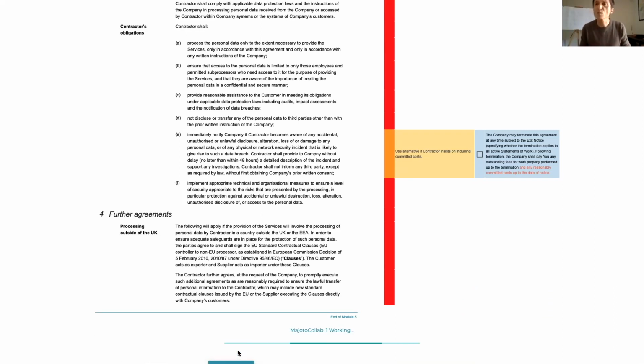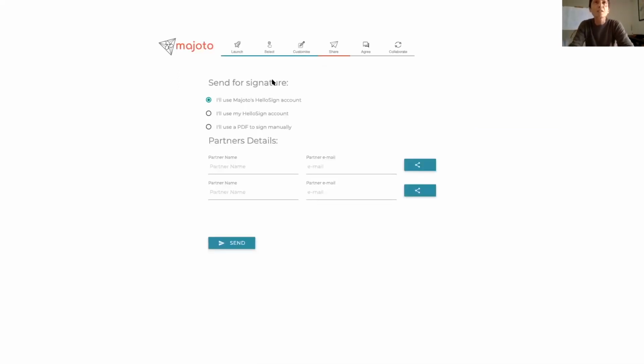And basically the system is now preparing this document in the background for export and e-signature. So here we go. You're now ready to share this agreement, and you can e-sign it using HelloSign, using Mojoto's HelloSign integration or your own, or actually just get it exported manually. So I can put in the parties here, so the signatories.